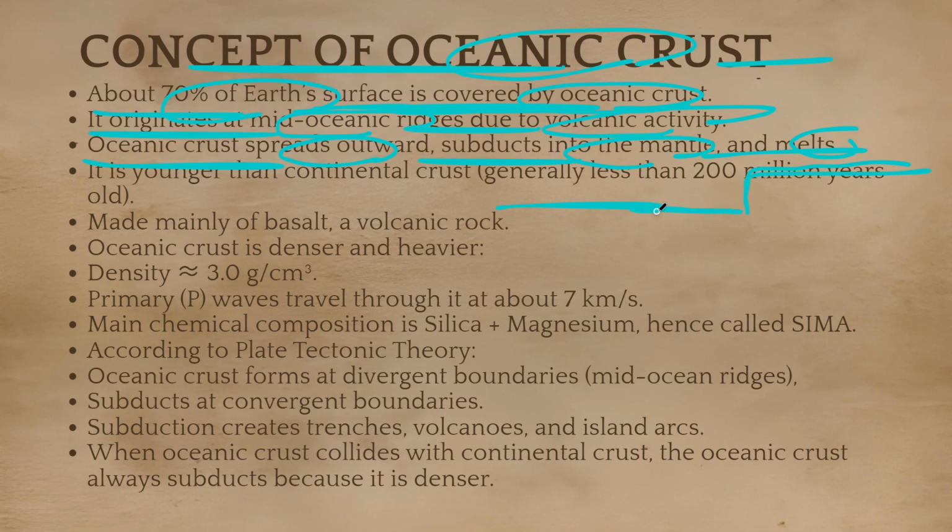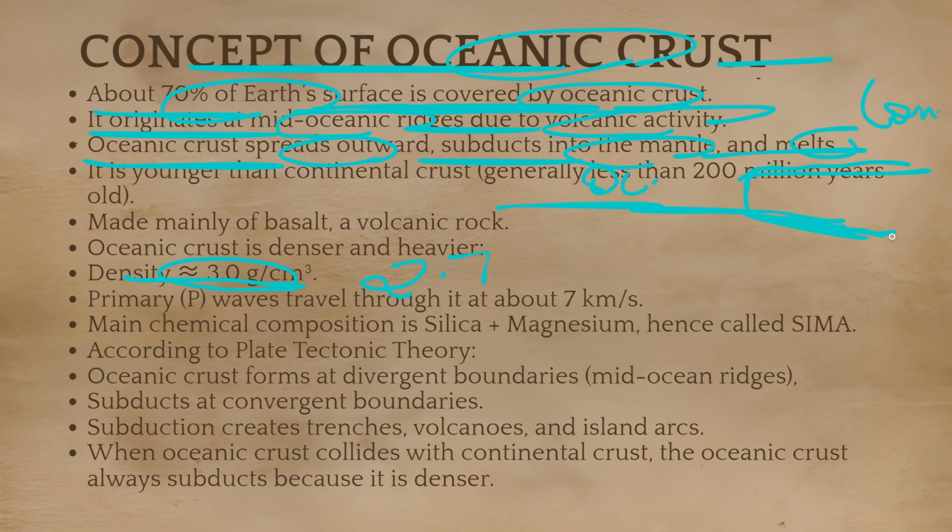So they collide. This is the oceanic crust, this is the continental crust, and this oceanic crust subducts, and the continental crust is upwards. Why? Oceanic crust is denser. Its density is 3 grams per cubic centimeter, while continental crust density is 2.7. So you can see.